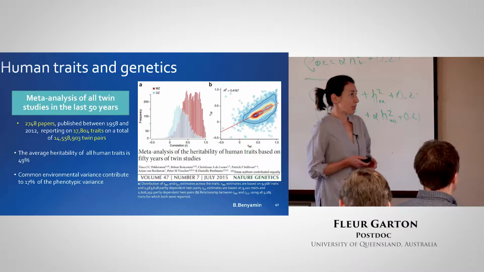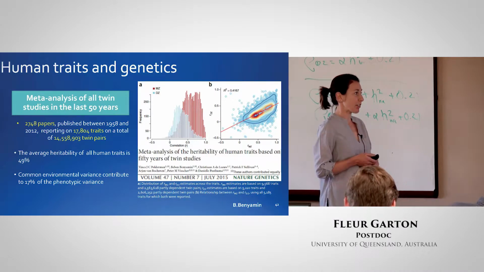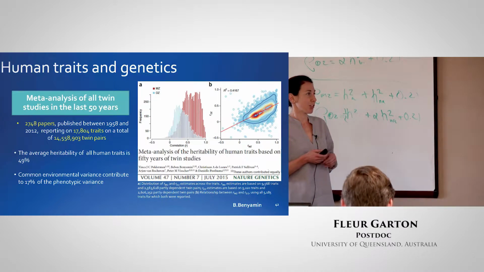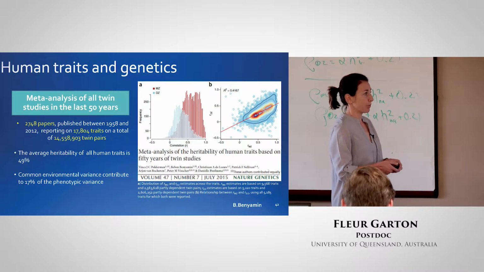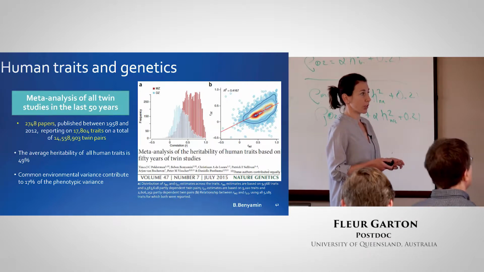Over almost 3,000 papers, 17 or close to 18,000 traits and 15 million twin pairs. So it's an extremely good resource to look at. What you can see here, as David pointed out, is the distribution of MZ and DZ heritability across all of these traits.